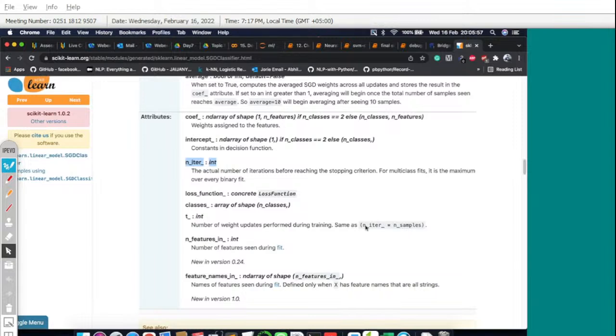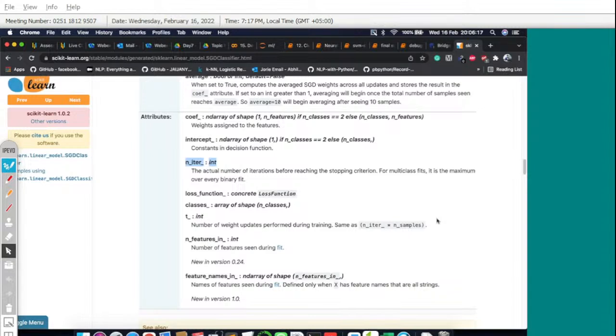Actually, it's regarding the code. At some point, you have mentioned SGD classifier with n iterations equal to 10, in the code which I've already shared in the chat.